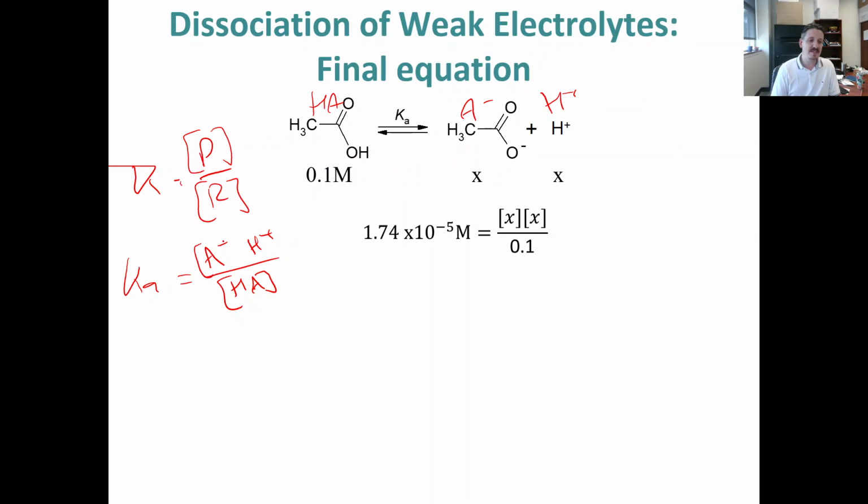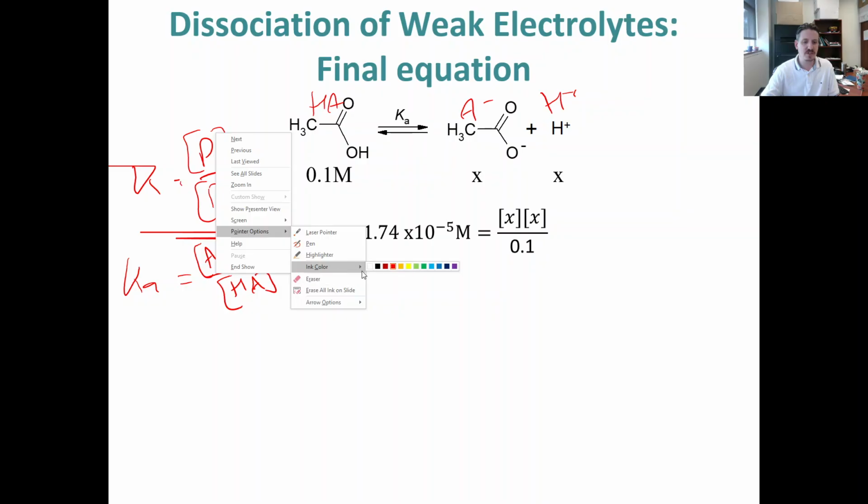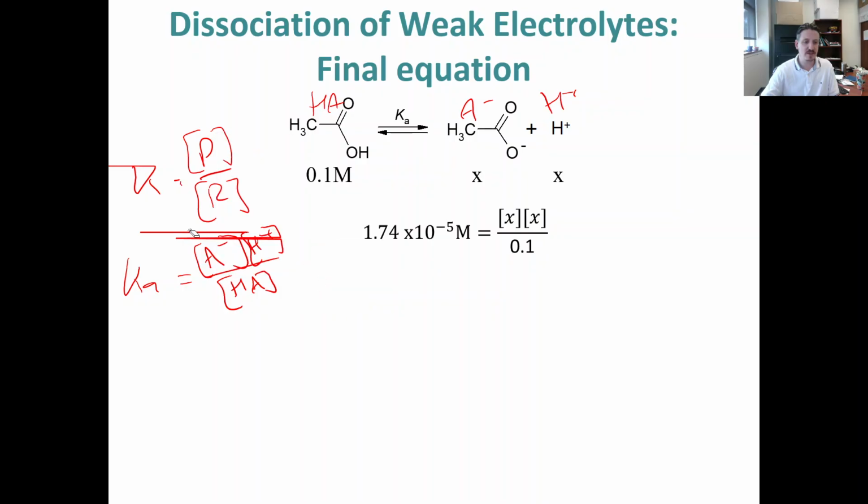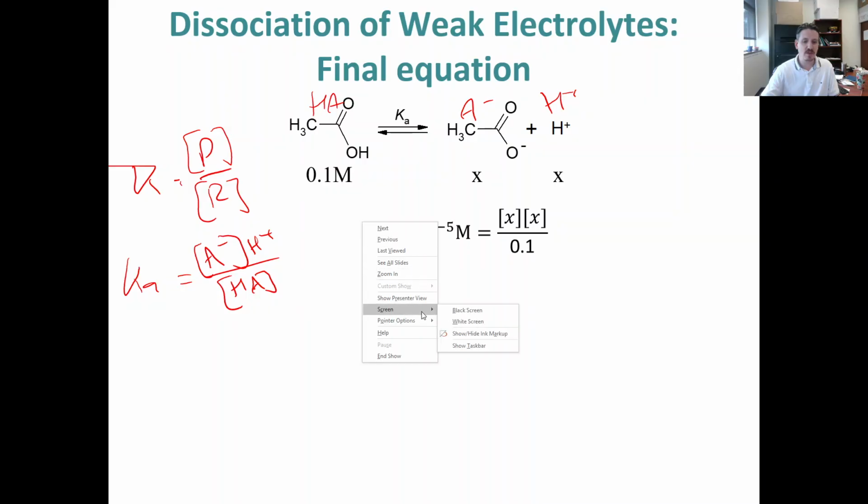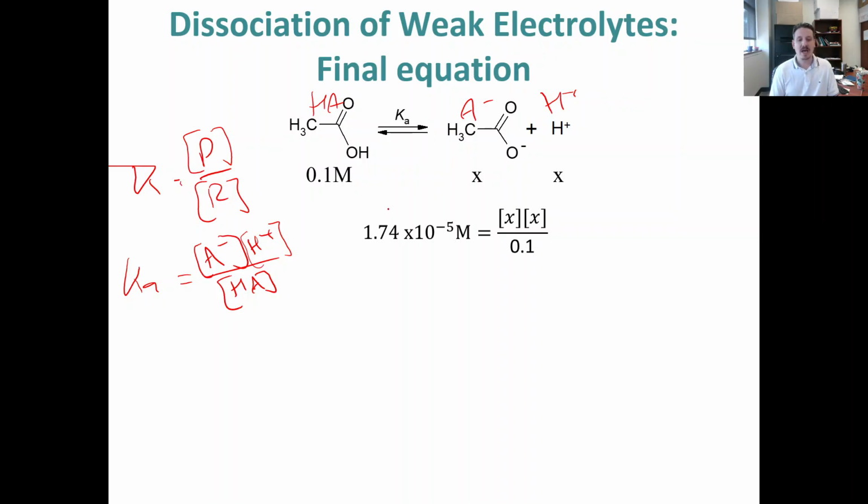So our acetate ion and protons over our acetic acid. Now, if we substitute in a few things, we want to know the value of H plus, so we're going to try and solve for H plus. I gave you the Ka already, I gave you the HA already, and we want to solve for X because X is H plus.